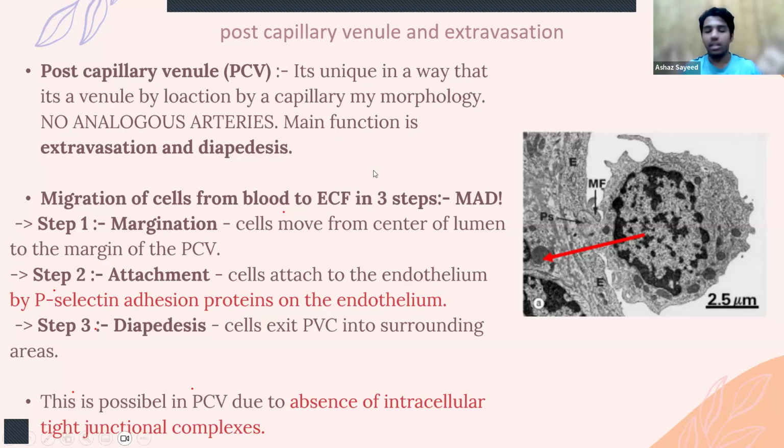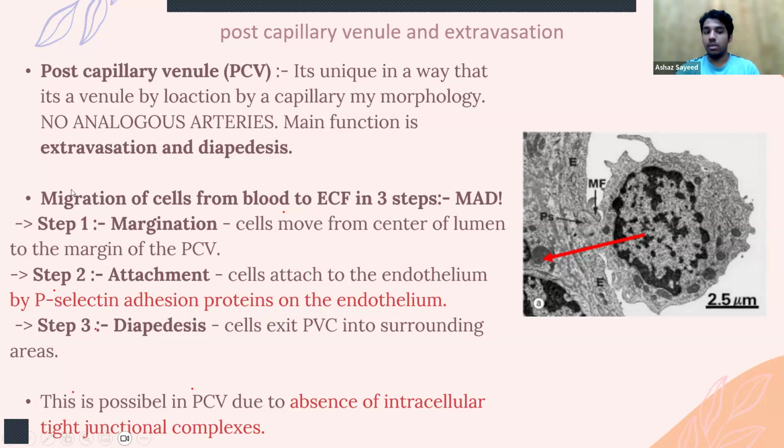Big words. Let me break it down. Extravasation is basically the process of something leaving the blood vessel. Extra, or outside; vasation, the process of leaving the blood vessel. Diapedesis is almost the same thing.